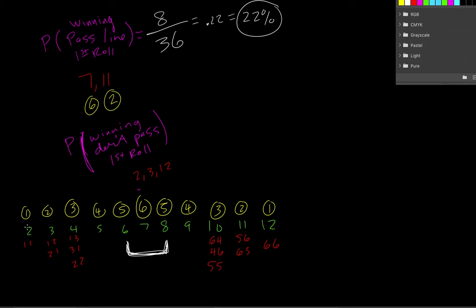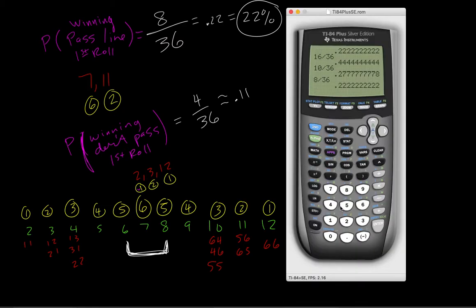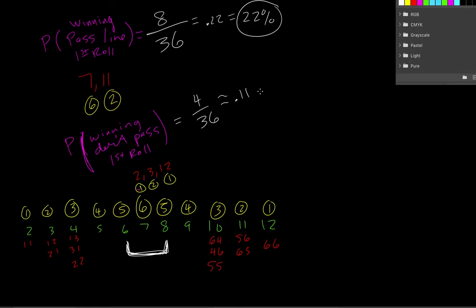A 2, there's 1 way to roll that. A 3, there's 2 ways to roll that, and there's 1 way to roll a 12. So that's a total of 4 ways out of 36. And that's going to be 0.11, which is 11%.